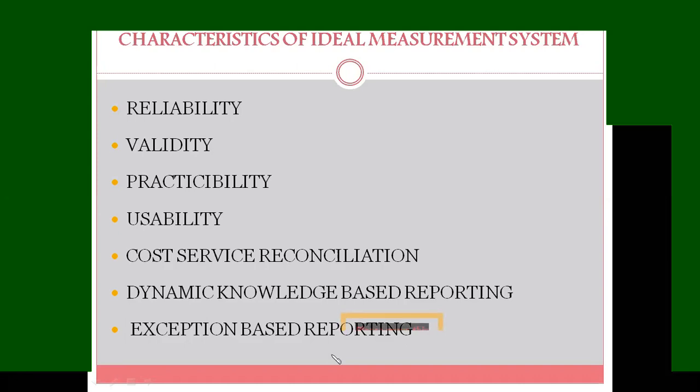Exception means exceptional cases where errors or mistakes are happening. So the measurement system should be exception based. That is, if we are moving apart from the planned way, that means we are going in a deviation, there is some kind of deviation there, that is an exception.